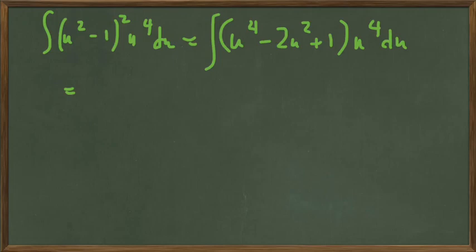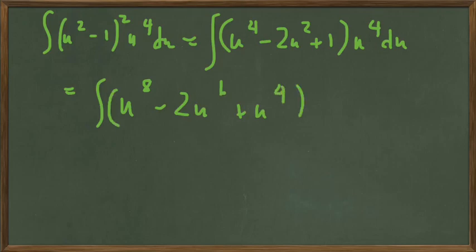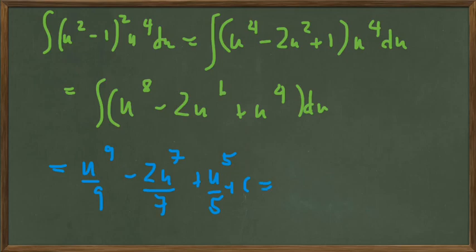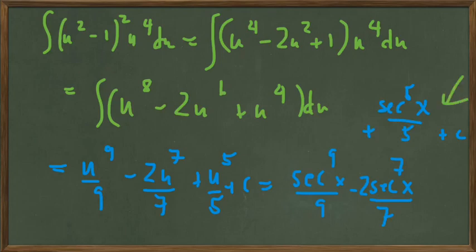We distribute that across u to the fourth and get the integral of u to the eighth minus 2u to the sixth plus u to the fourth du, and when we integrate that, we get u to the ninth over 9 minus 2u to the seventh over 7 plus u to the fifth over 5 plus c, which of course is, since u is secant, secant to the ninth x over 9 minus 2 secant to the seventh x over 7 plus secant to the fifth x over 5 plus c, and so there is our answer.